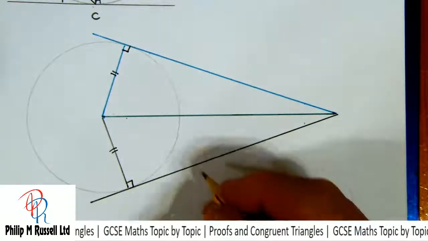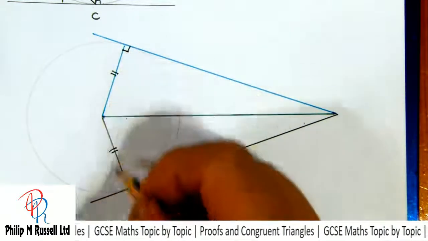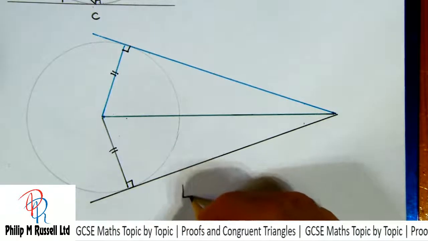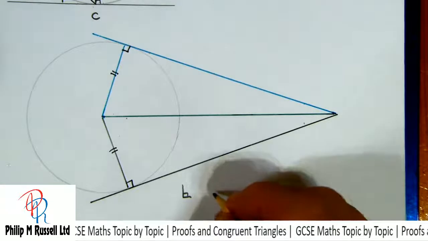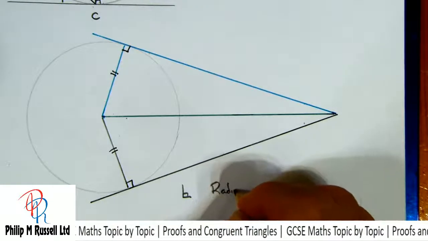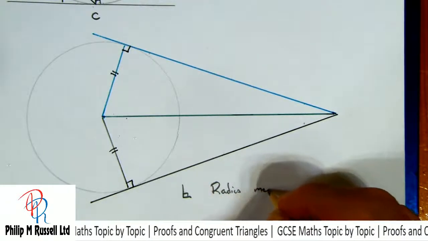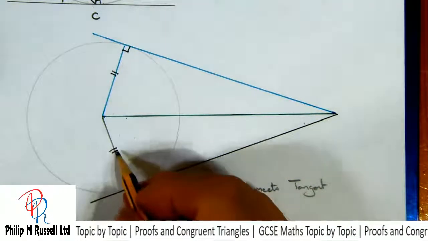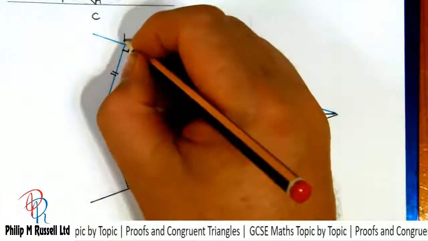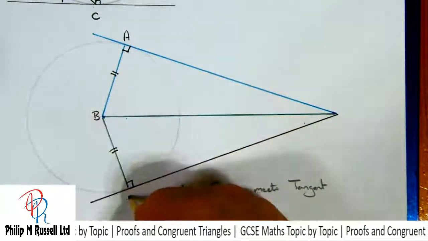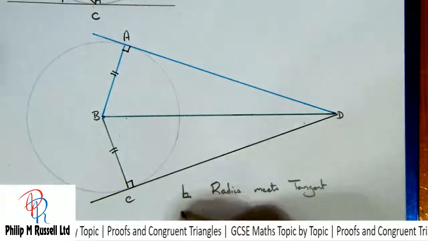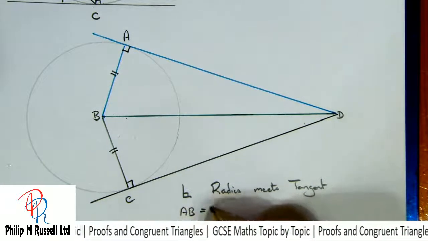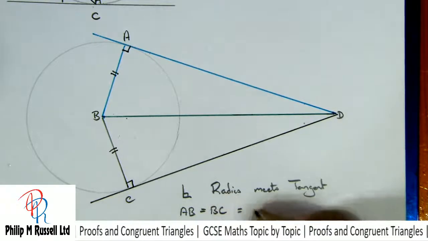You see, we know that we've got a right angle here because this is where a radius meets a tangent. We know that these two lines are equal. Let's label this A, B, C, D. I know that AB equals BC because they are radii.